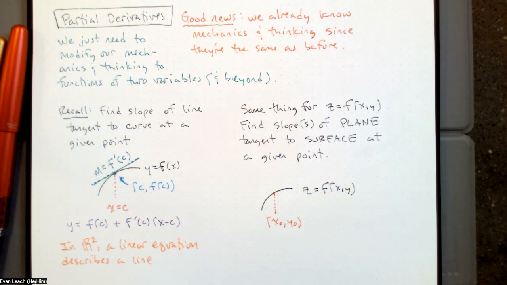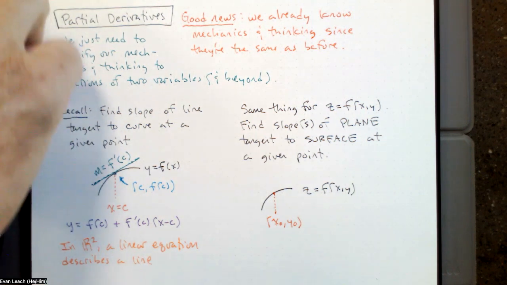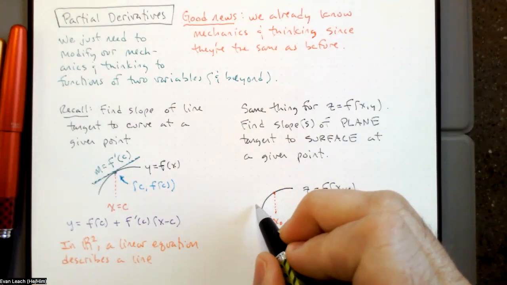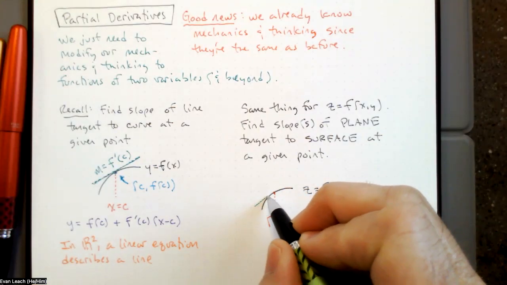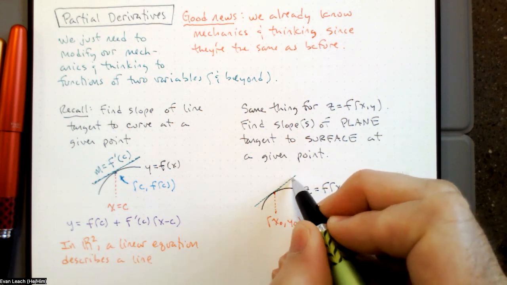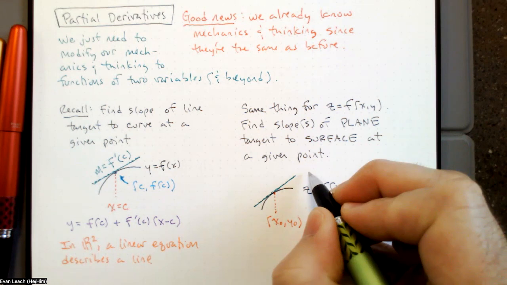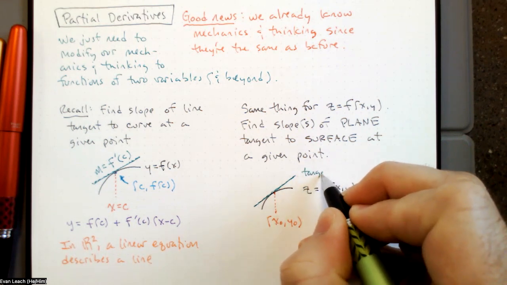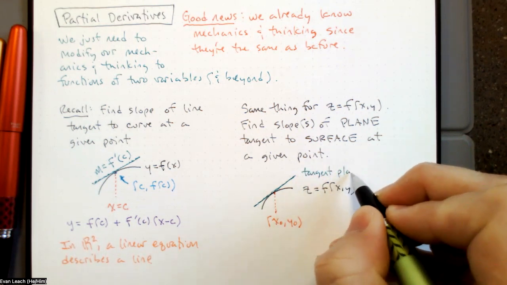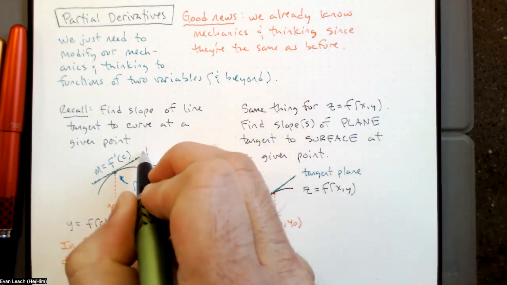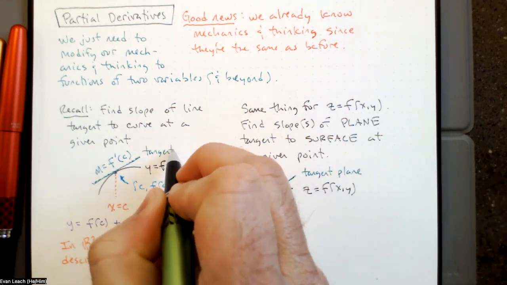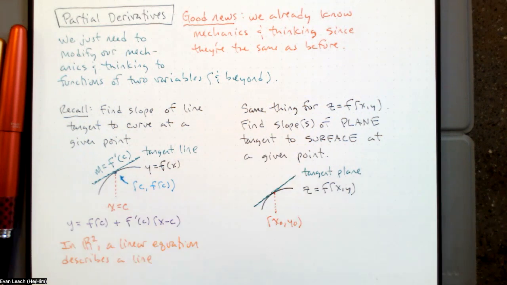At that point on the surface, I've got a tangent plane, where before we had a tangent line. Now we have a surface and a tangent plane.